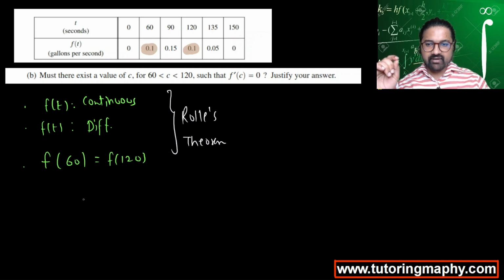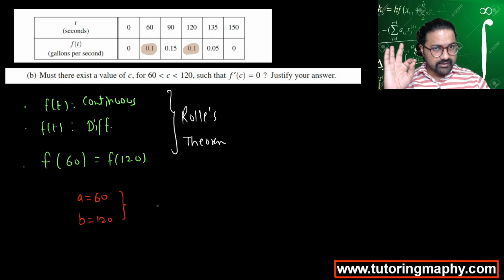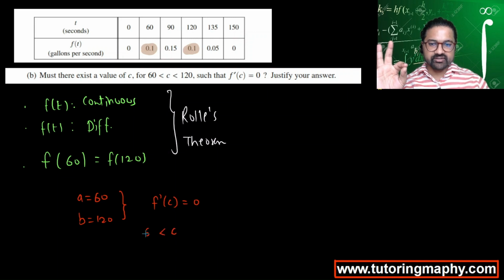In this case, the value of a is 60 and the value of b is 120. So there exists at least one value of c such that f prime of c is 0, where c is between 60 and 120.